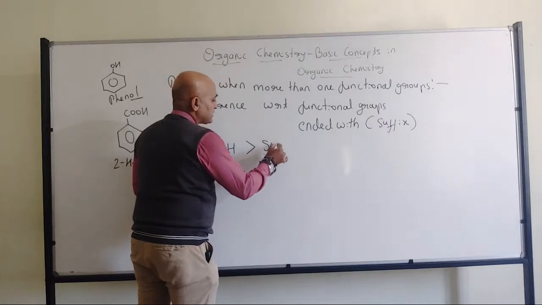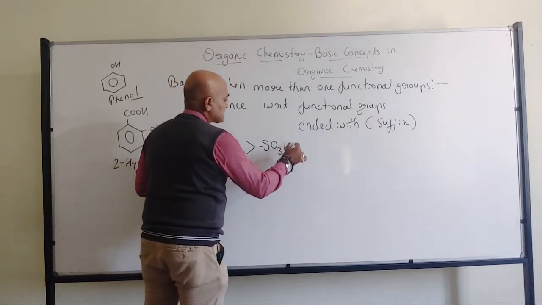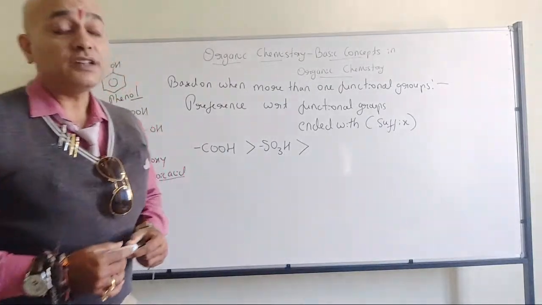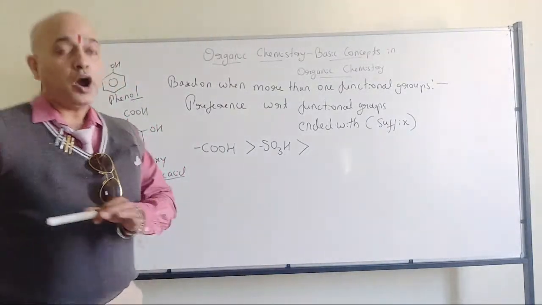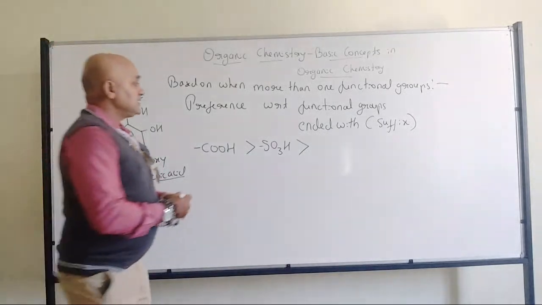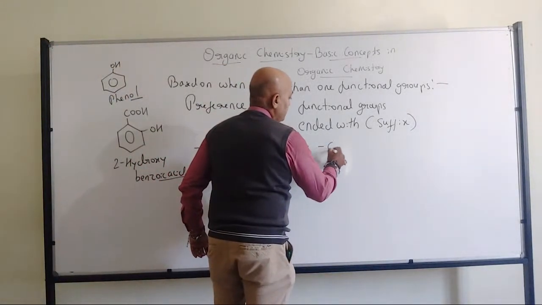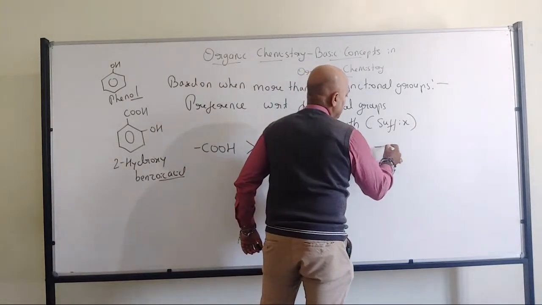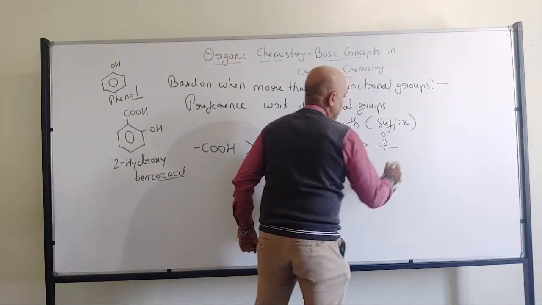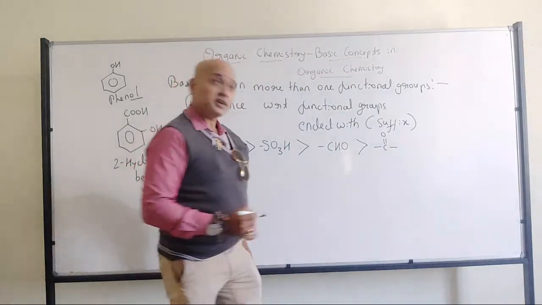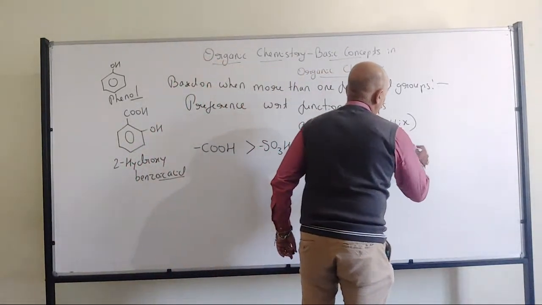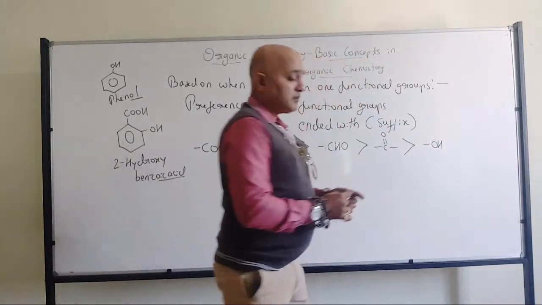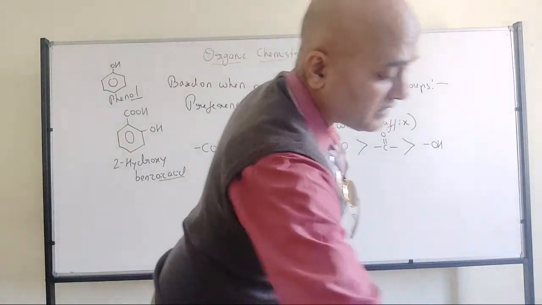Then comes sulfonic acid. Only the common ones I will take. Then the preference will be given to the aldehyde group. Then come the ketones. You can make the list, it's important. Then comes the OH.